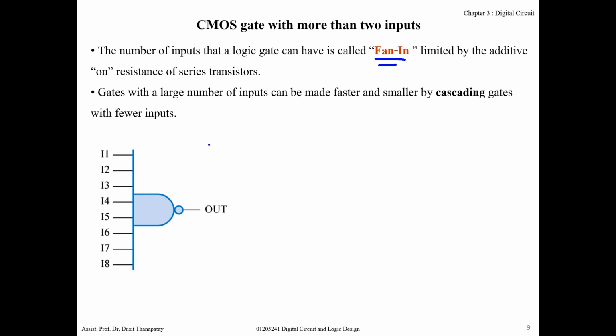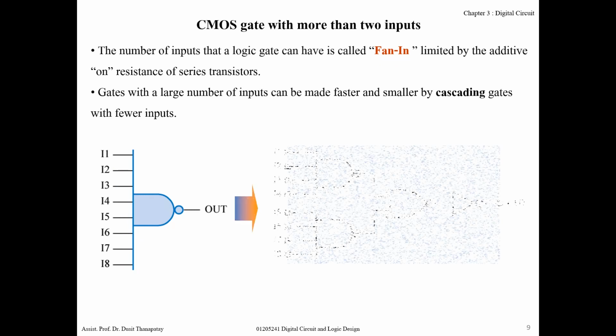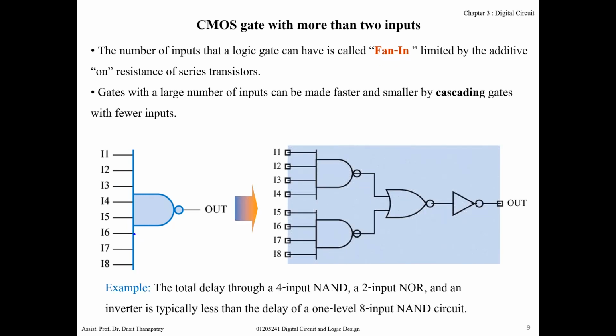Fan is like its shape, like a fan, and in is input. For example, something like this, 1 2 3 4 5 6 7 8. If you design this one, maybe your output may lose the logic level.